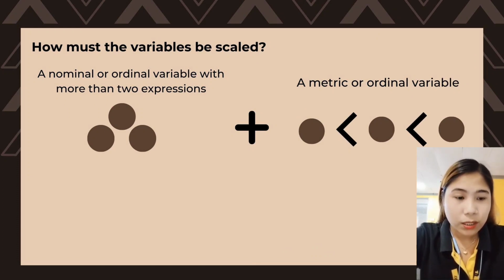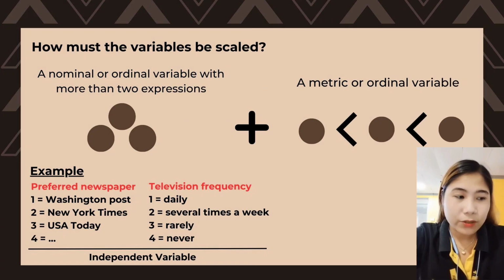For example, pipili ka ng newspaper kung kailan sila maglalabas ng newspaper. Example natin doon yung frequency ng paglabas ng newspaper. Example, yung daily, several times a week, or sometimes once a week. Only rarely, or bihira at never yung never sila naglabas.